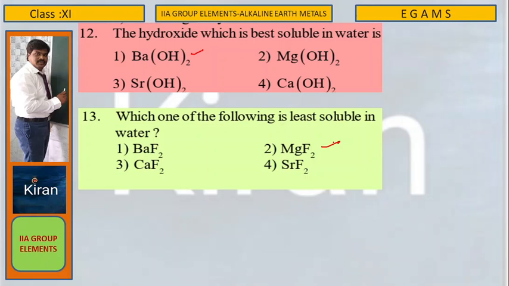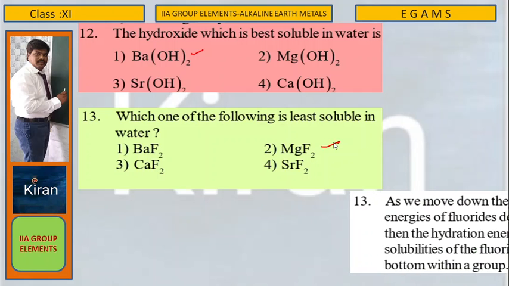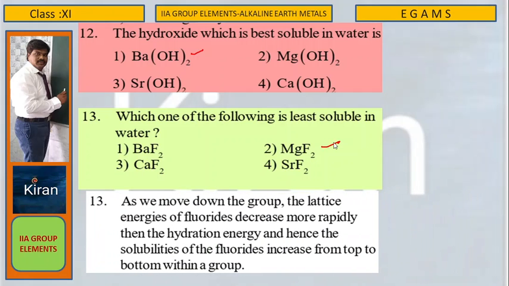Based upon the size of the atom, barium, calcium and strontium, magnesium is the only smaller atom, that is the reason it is least soluble. As we move down the group, the lattice energy of the fluorides decreases more rapidly than the hydration energy, and hence the solubility of the fluorides increases from top to bottom within a group.